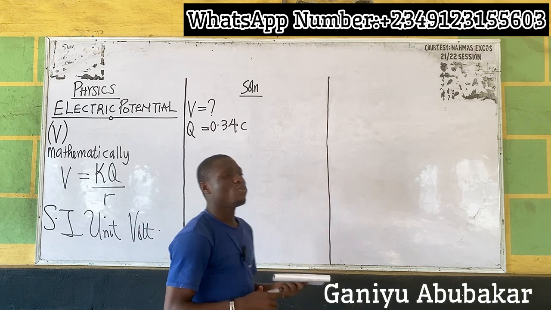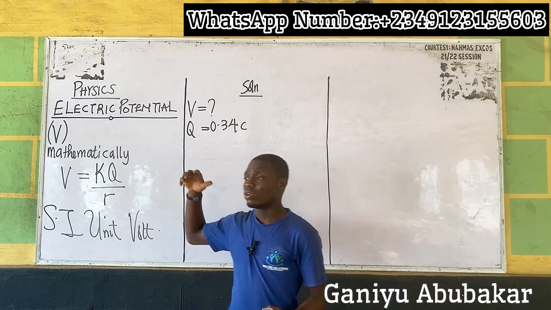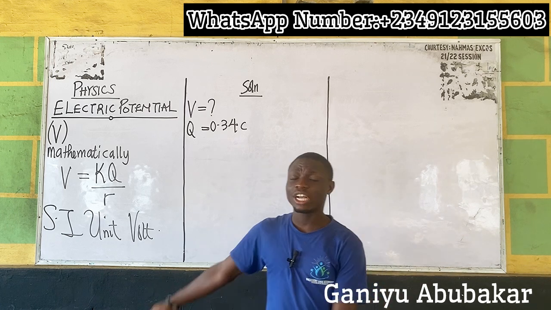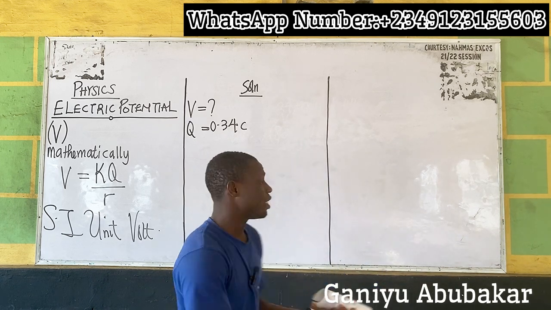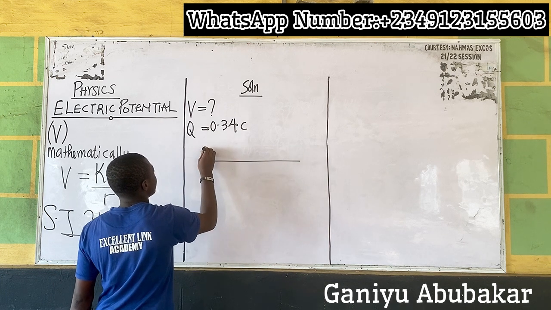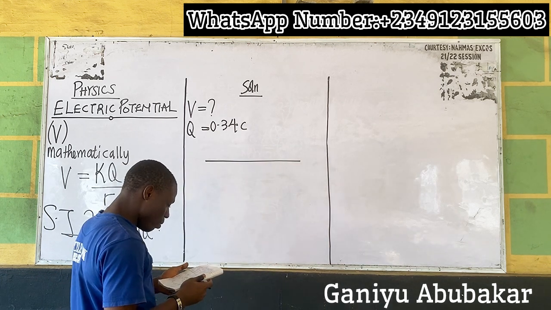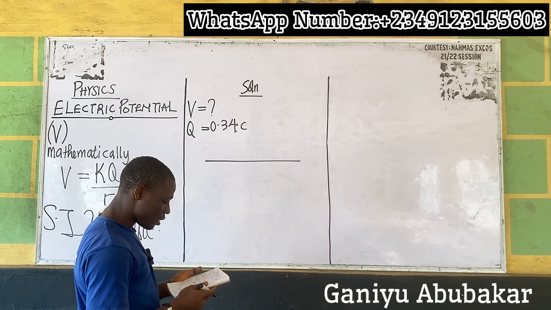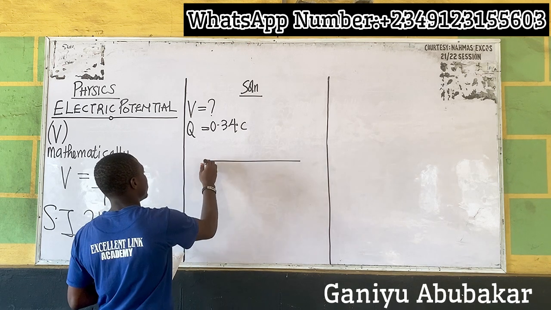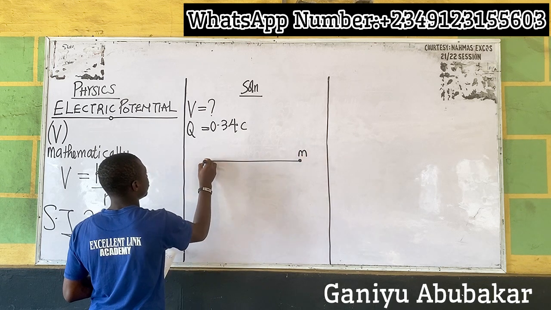Please, we said when it comes to charges, Coulomb's law, and so on, try to draw a diagram. So in this case, I have my diagram this way. I have a charge, and it says at a point M, 15 meters from a charge. So here is point M and my charge is here.